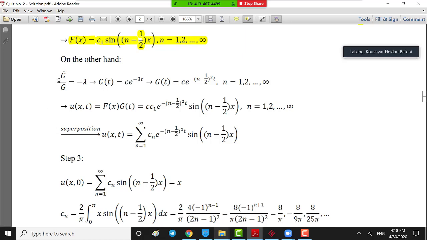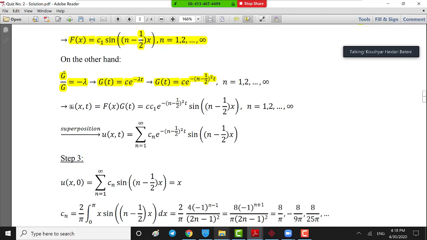Now, finding g is not that difficult. G of t is equal to c times e to the minus lambda t. G of t, because lambda is equal to n minus 1 over 2 to the 2, is equal to c times e to the minus n minus 1 over 2 to the 2t.